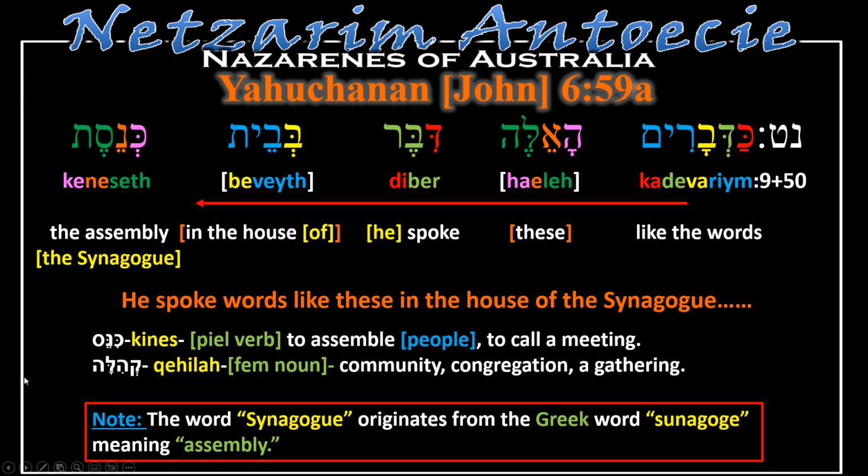So it's just a different word that you'll come across. And I've given you the note here. The word synagogue originates from the Greek word synagoge, meaning assembly. So I'm just giving you some insights into how Hebrew also adopts some words that are not necessarily Hebrew, but Knesset is. So let us read.